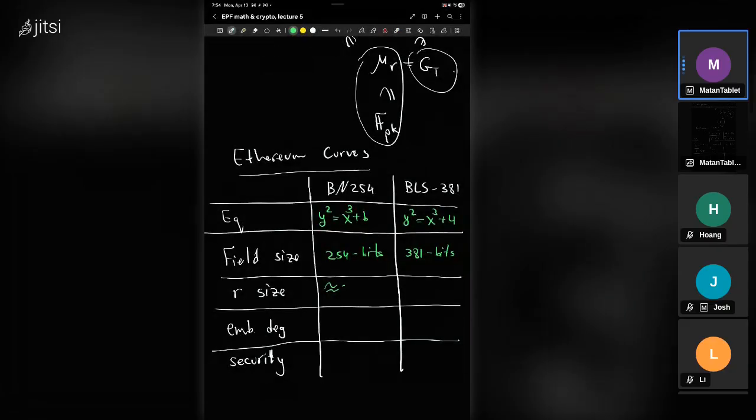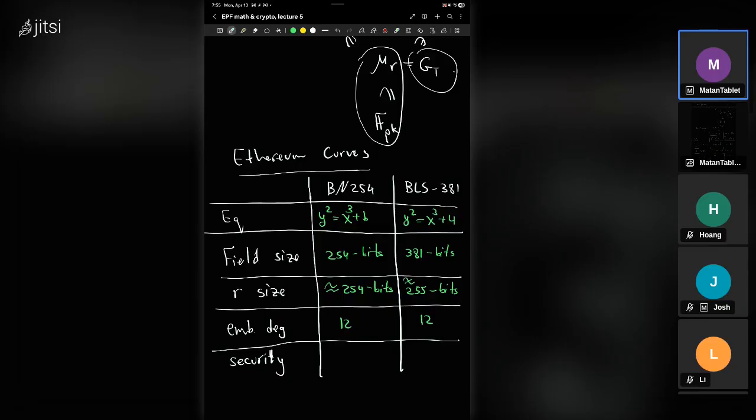So it's going to be 254 bits. And here it's slightly smaller than the size of the field. The size of r is 254 bits. Sorry, this is 255 according to my notes. And the embedding degree in both cases is 12.